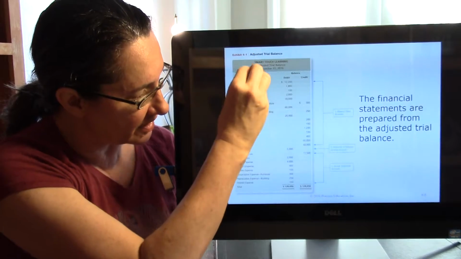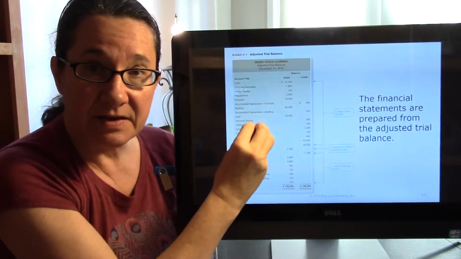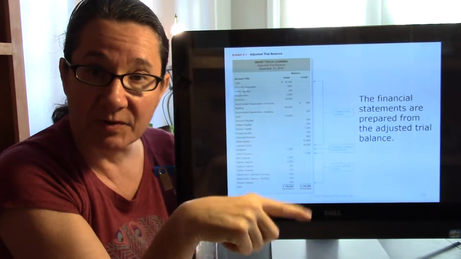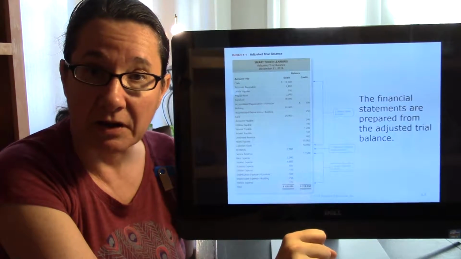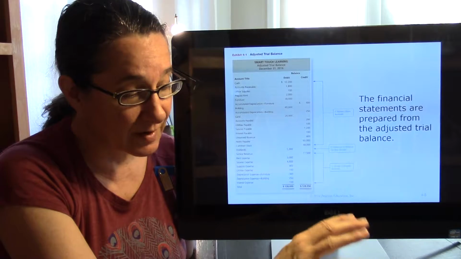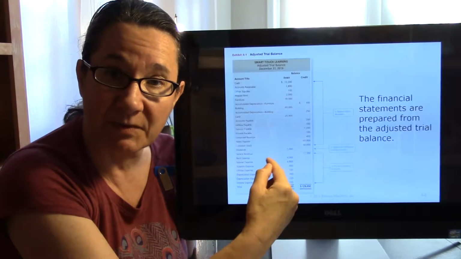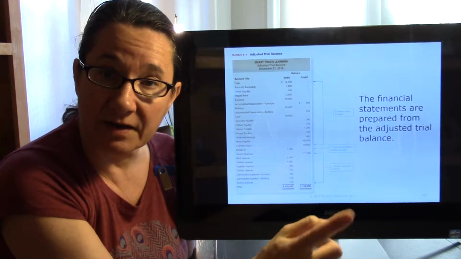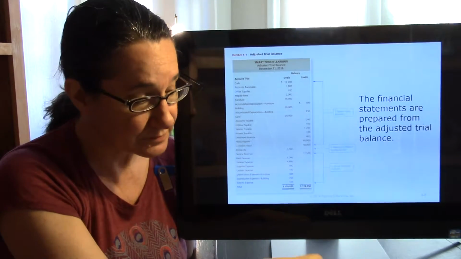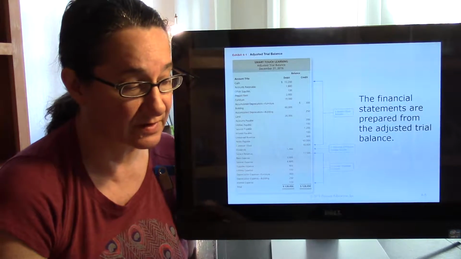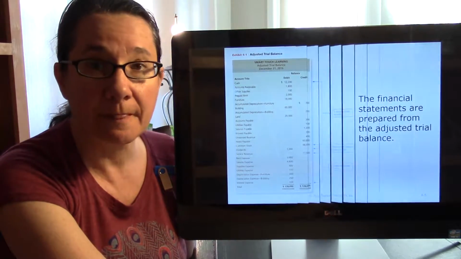So on the balance sheet, you're going to grab your assets, liabilities, and equity, except you don't grab retained earnings from here. You grab the retained earnings you just calculated. And that's it. That's why retained earnings appears in two places. The old retained earnings has to go on the statement of retained earnings. Then your new retained earnings goes on your balance sheet. So only one financial statement for all the accounts except retained earnings. That's huge.